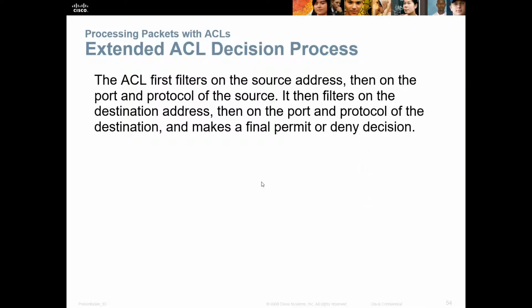The extended ACL decision is again based off of the source, then it could be based off of the destination, the port or protocol. So extended ACLs just have more items that they can be based off of.